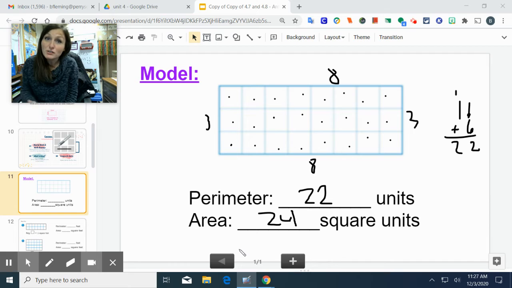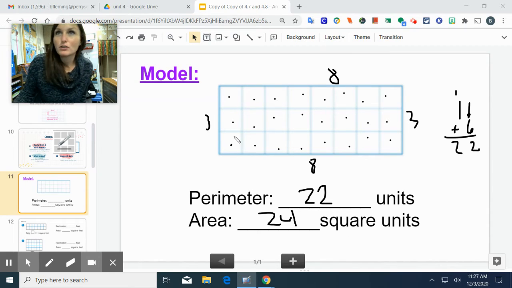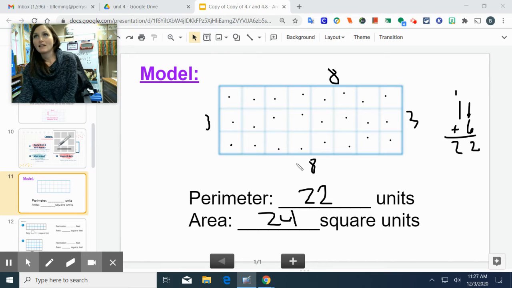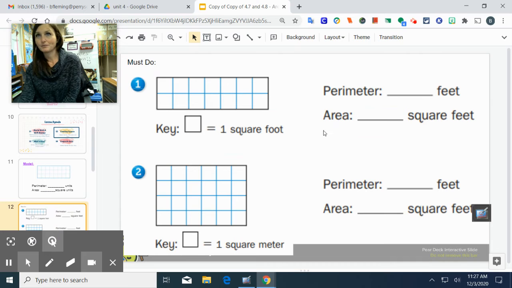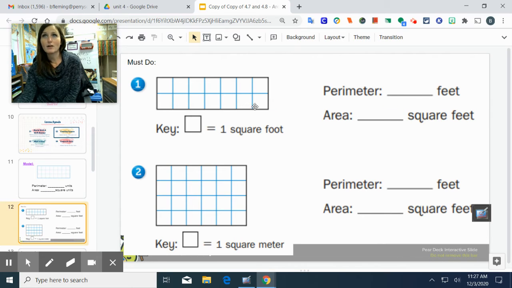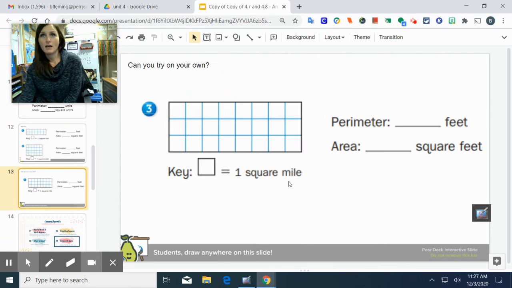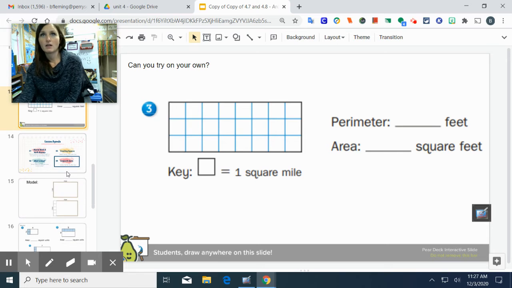No. And that's okay. Sometimes they might be the same, and sometimes they might not be. Just because they're not the same doesn't mean that it's wrong. Make sure you're counting the squares and then counting the outside for the perimeter. So I'm going to have you practice this here, finding the perimeter and finding the area, and then doing this one.